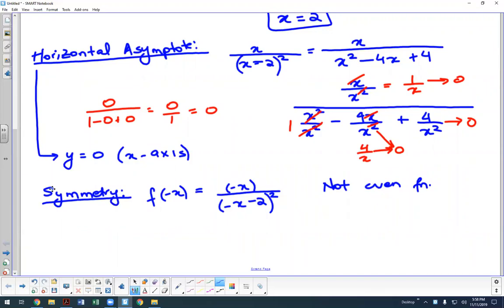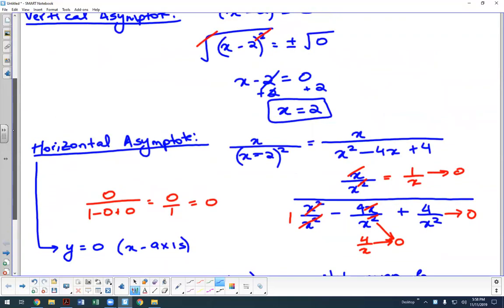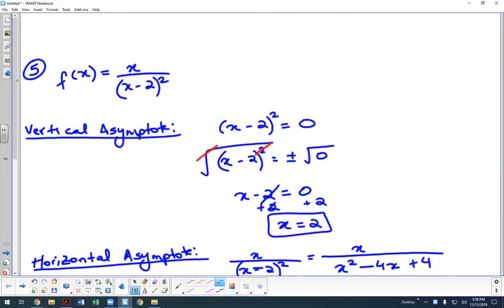Now the question is, do I have an odd function? And for it to be an odd function, the only difference should be that if I put a negative in front of my function, I should have an odd function, right? But look at this. Even if I put a negative in front of the original function, you can think of that negative going with the numerator, which makes it negative x. But that x on the bottom should still stay positive.